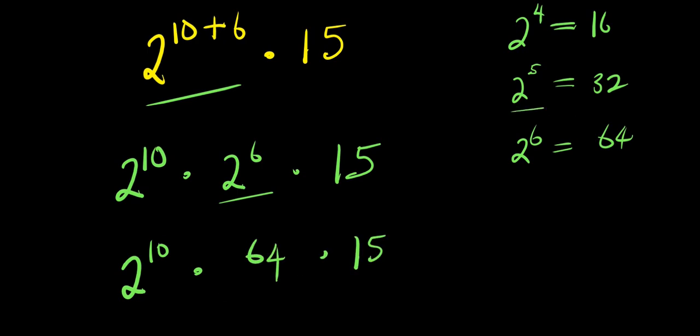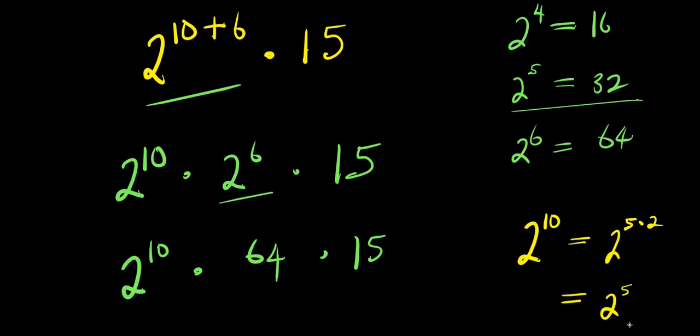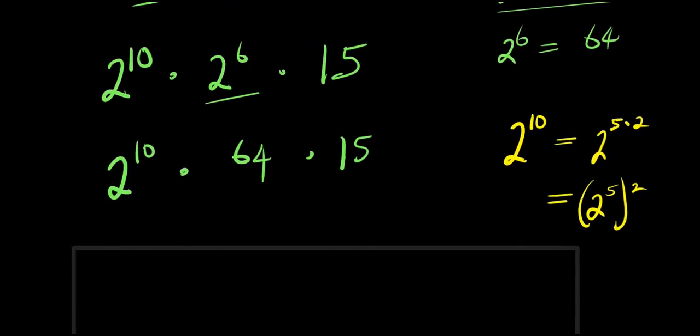Now, if 2 power 5 is 32, that means 2 to the power of 10 will be 2 to the power of 5 times 2. And that means this is 2 power 5 raised to the power of 2. And 2 power 5 is 32, that means this is 32 power 2. And this is 32 times what? 32, and this will give you 1024.